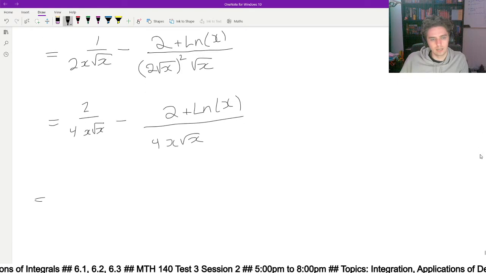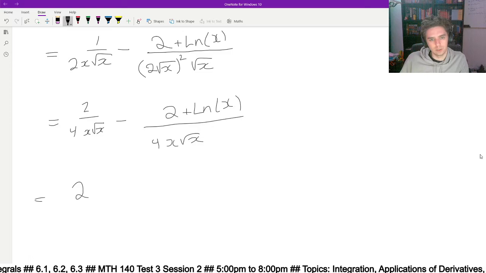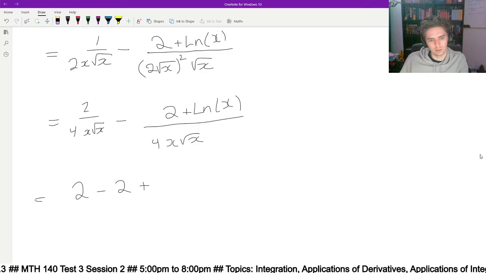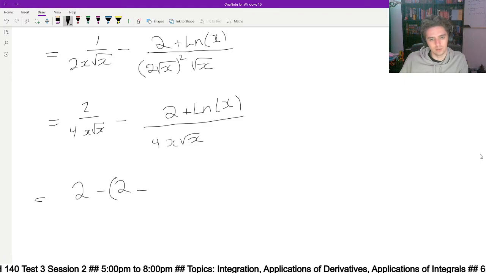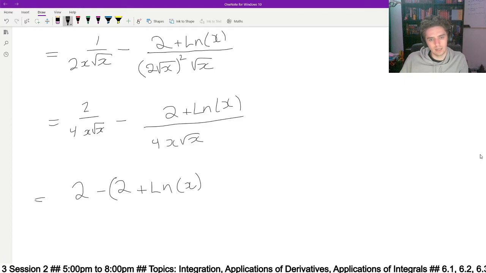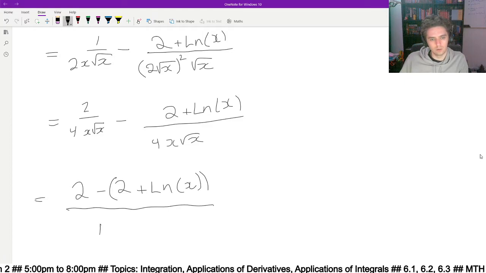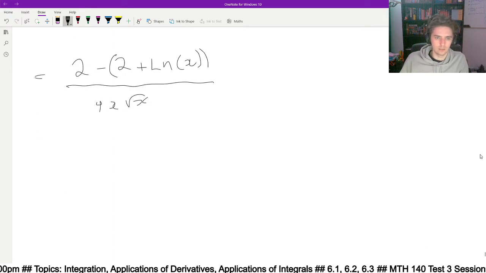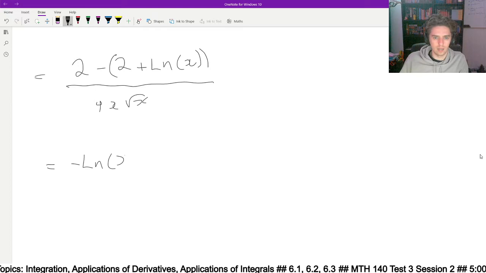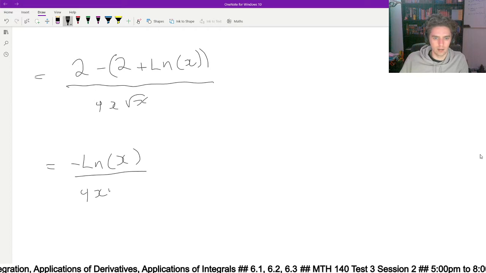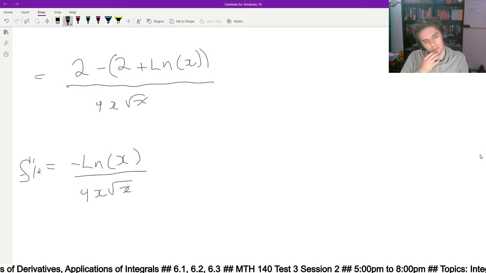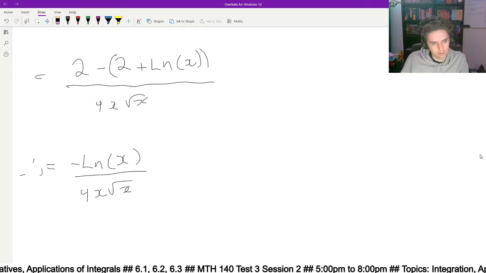So I'm just going to say this is 2 minus 2 plus ln x over 4x root x. So that's nothing. So it's just negative ln x over 4x root x. Okay, that's our second derivative.